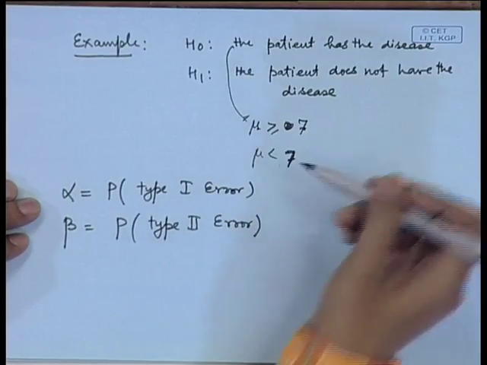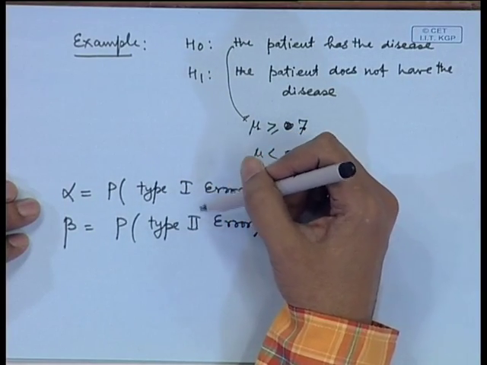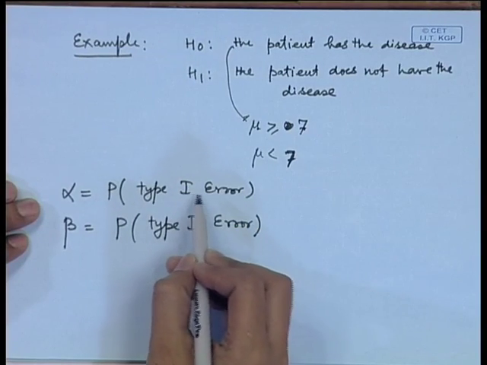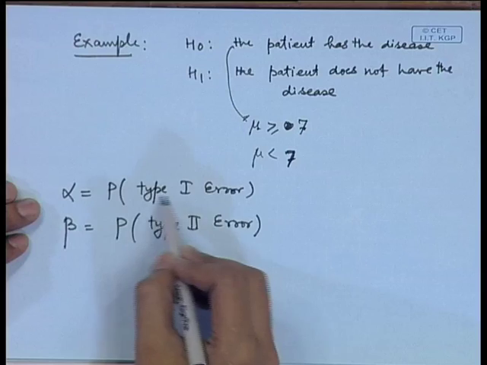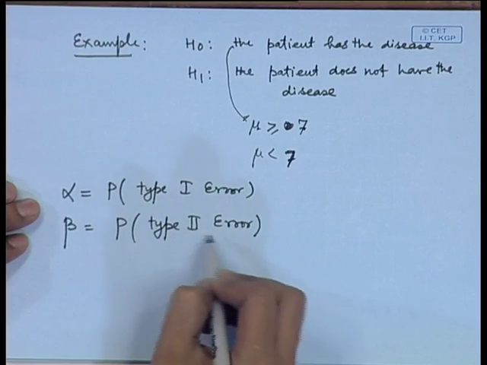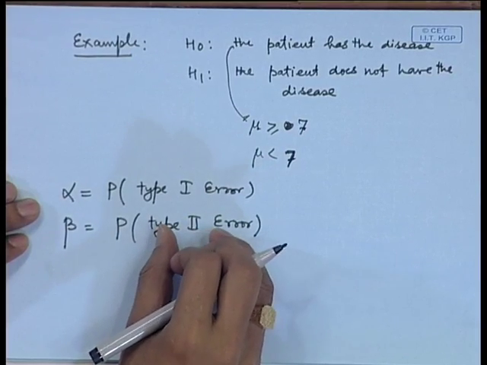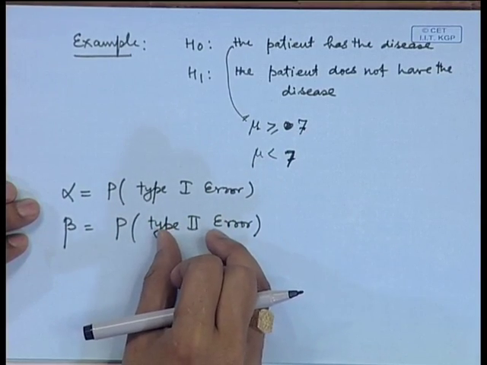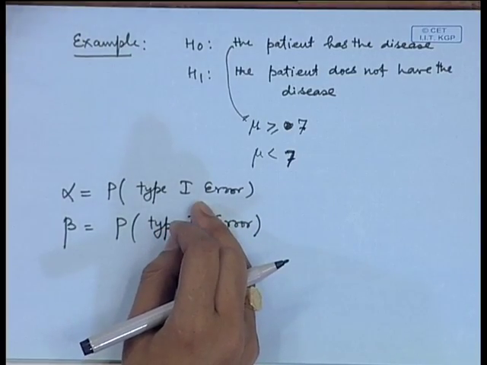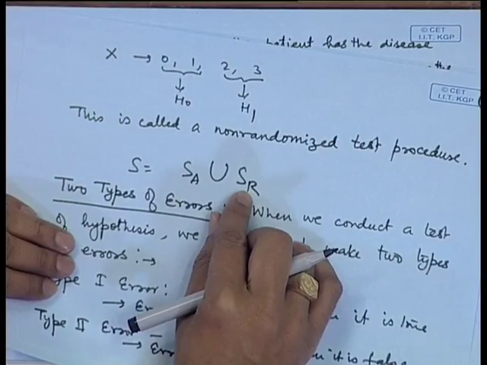The reason is that the probability of type 1 error and type 2 error is based on the sample, because type 1 error is rejecting H naught, that means it is the size of the rejection region when H naught is true, and this is accepting H naught when it is false. So, it is the size of the acceptance region. As we have already devised, the acceptance and the rejection regions are complementary in nature.